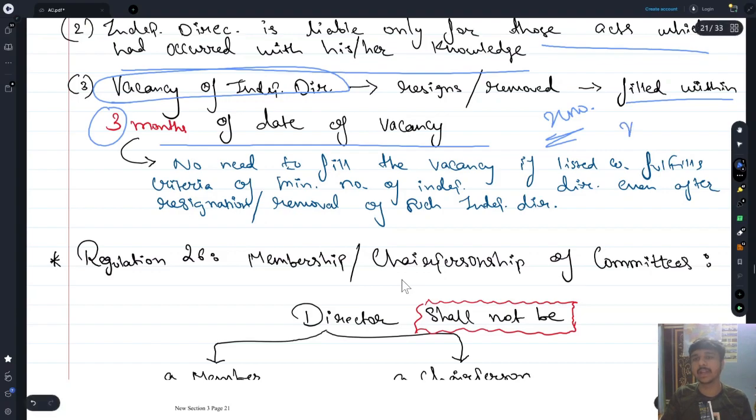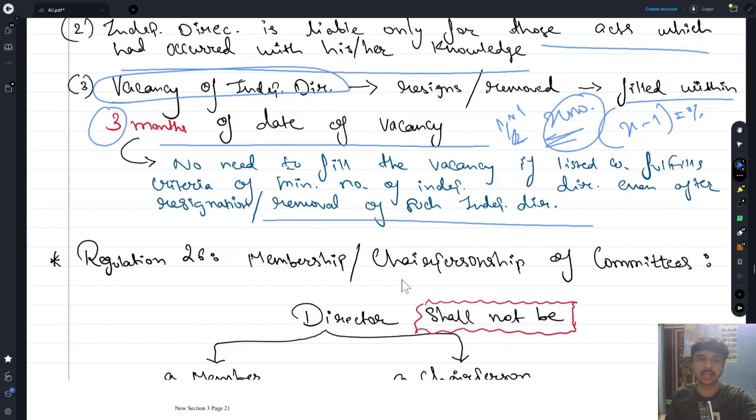Somebody dies, that is X minus 1, but they are still fulfilling the criteria prescribed by LODR, that is 1/3 or half, whatever it may be. In that case, there is no need to fill the vacancy immediately or within 3 months if you are fulfilling the LODR criteria.